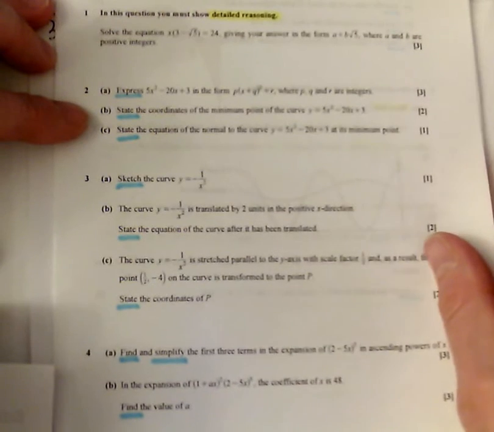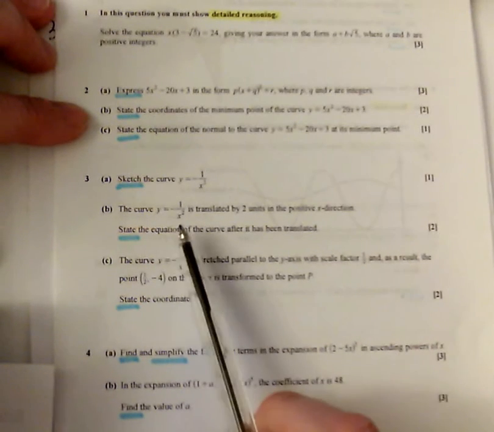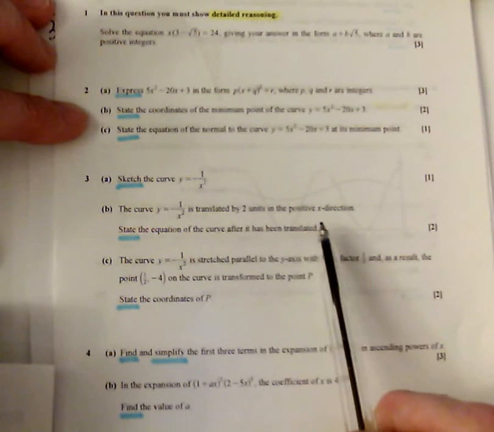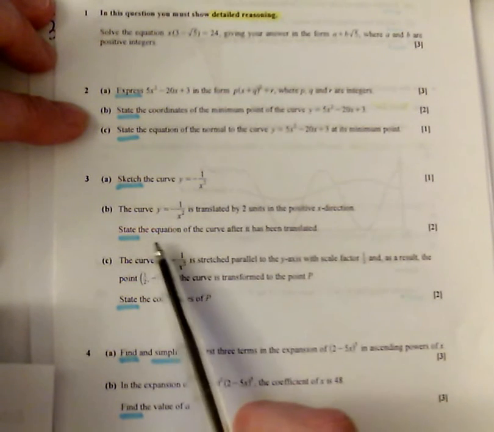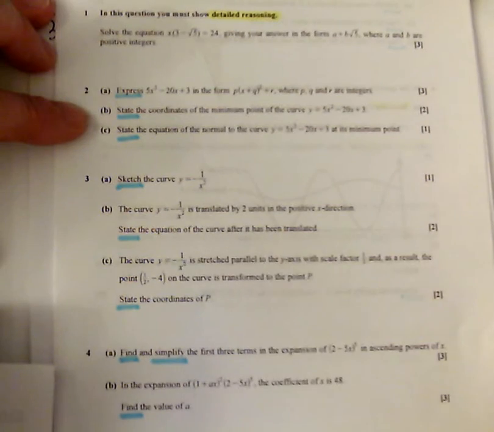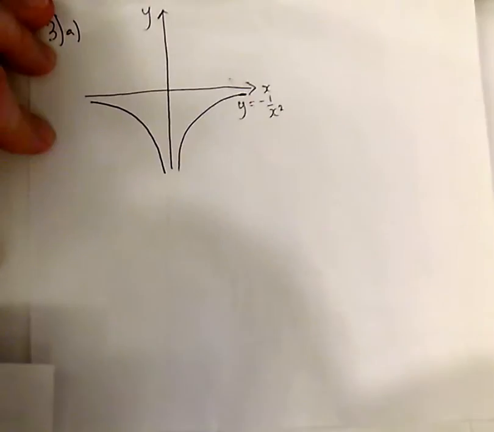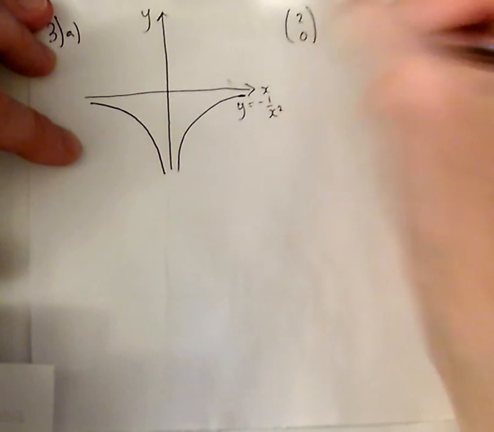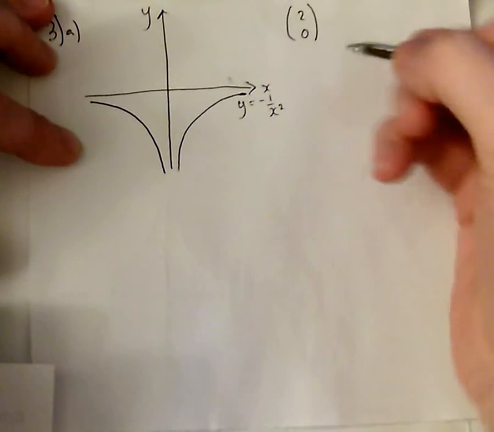Now then, for part B, it says that this curve is translated by 2 units in the positive x direction, and we have to state the equation of the curve after the translation. So it's been translated by 2 in the x direction.